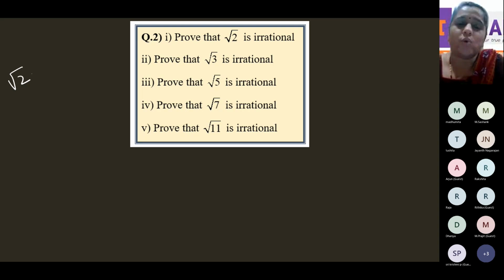Why? Because its decimal expansion is non-terminating, non-repeating, and hence it is irrational.